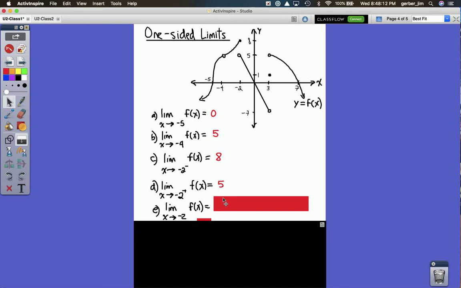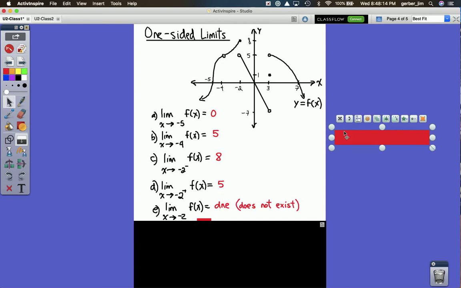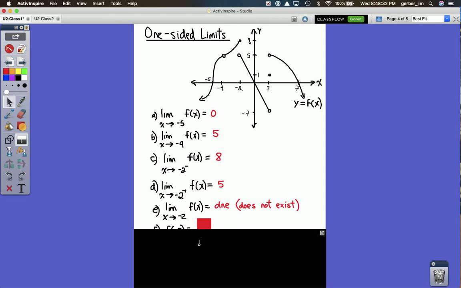Well, the limit as x approaches -2 does not exist. In order for a limit to exist, it has to approach the same thing from both sides. So, in this case, because we have a jump discontinuity, because from the left side we're going to 8, and from the right side we're going to 5, we say that the limit as x approaches -2 does not exist.